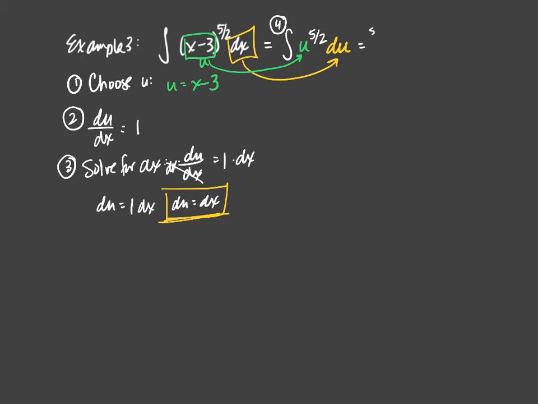So I'm ready for step 5, which is find the antiderivative. So the antiderivative is going to be 1 over 5/2 plus 1, u to the 5/2 plus 1 plus c. 5/2 plus 1 is 7/2, and 1 divided by 7/2 is the same as multiplying by 2/7.